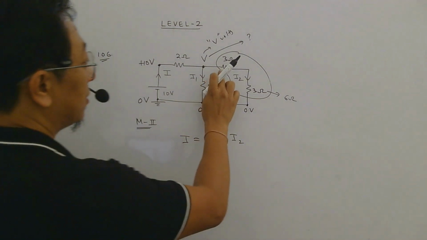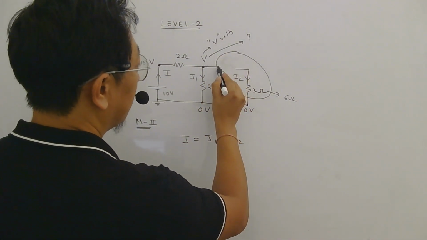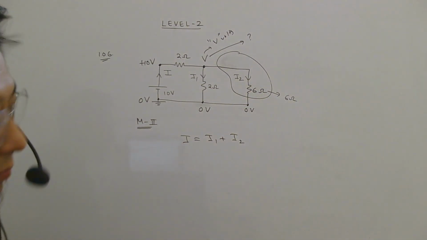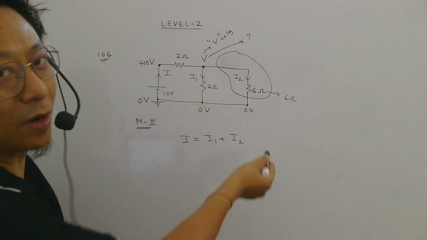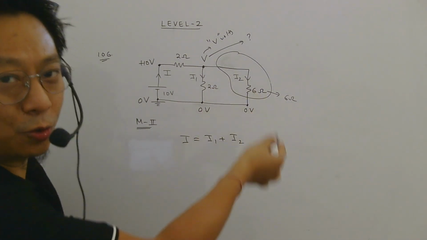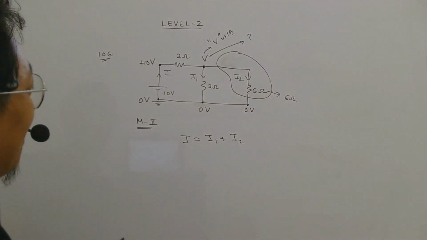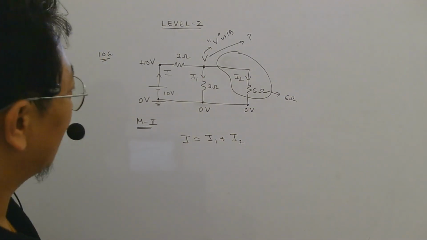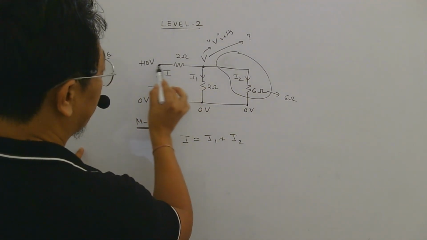Also you can see that this 3 ohm and this 3 ohm are in series, so you can replace both of them by 6 ohm resistance, right? Circuit will remain the same only. Equivalent resistance means what? If you replace those two resistors by an equivalent, the circuit should remain the same. So if I2 was flowing before, now also I2 should flow. Now this I is, remember, current in 2 ohm, isn't it?